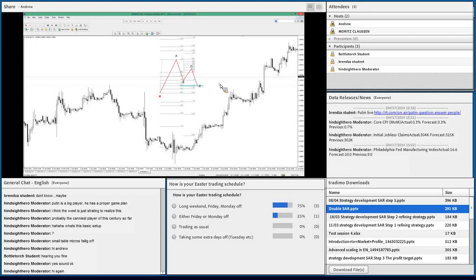Today's pattern is the bat pattern, discovered by Scott Carney, and it's very similar to the Gartley pattern in that it's a retrace pattern, except instead of retracing down to the 618 retracement for the first retracement, as with the Gartley pattern, you're looking for a retracement between the 38% and the 50%. So you'll see the retracement varies.